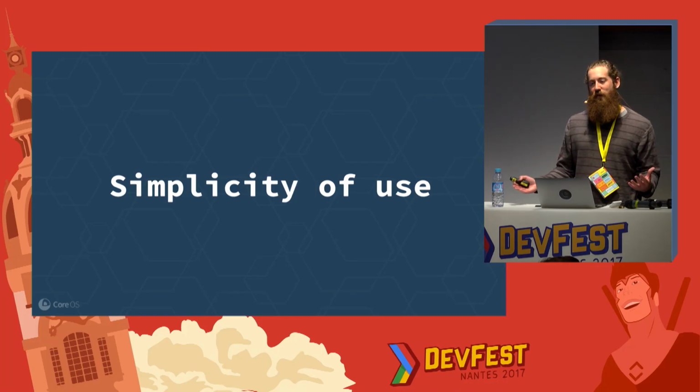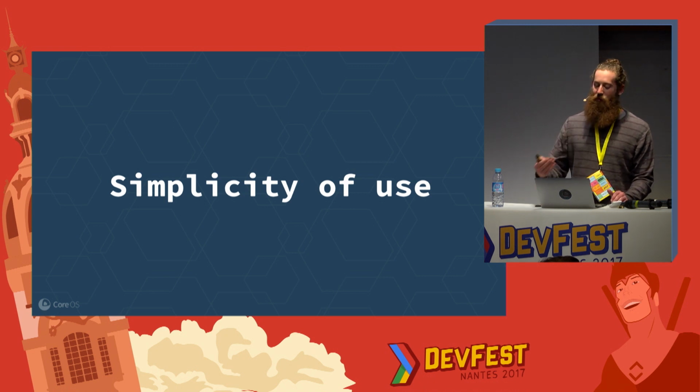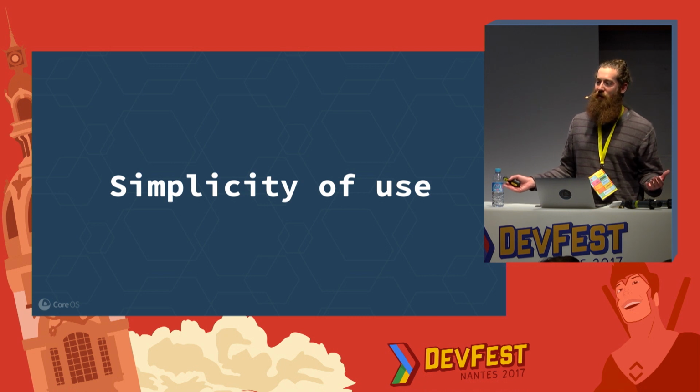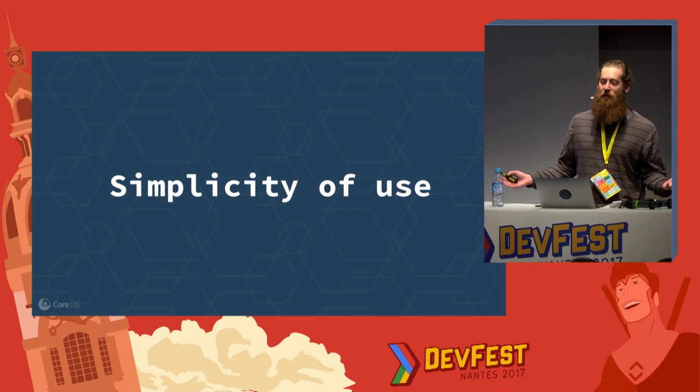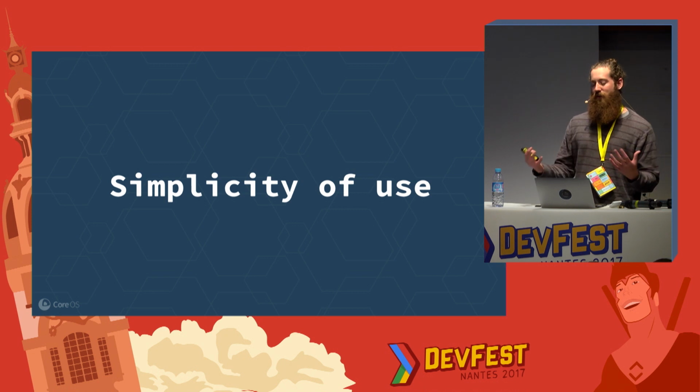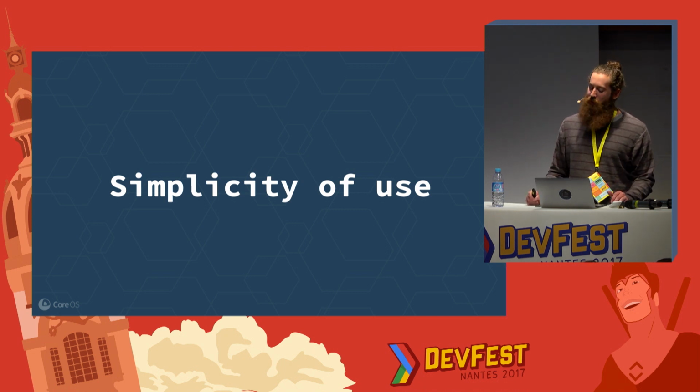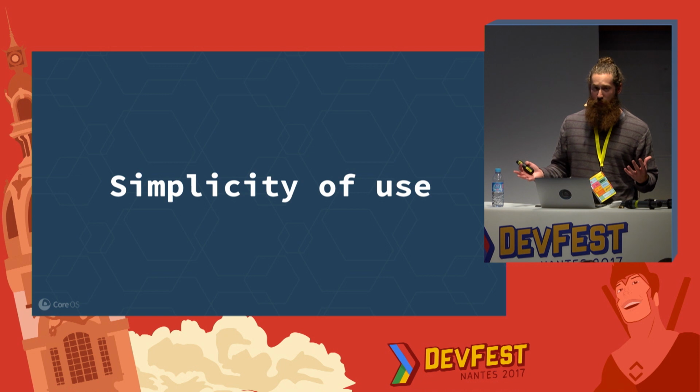As opposed to using GCC or something else, you have go build, go test. It's all very simple, very easy to reason about. You don't have to provide a ton of compiler flags to get the things that you want. Optimizations are enabled by default. It's so simple to use, you really don't even have to think about it most of the time.